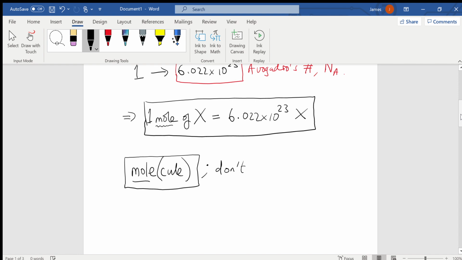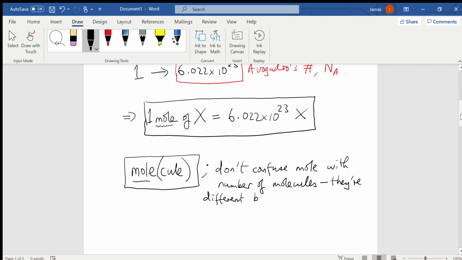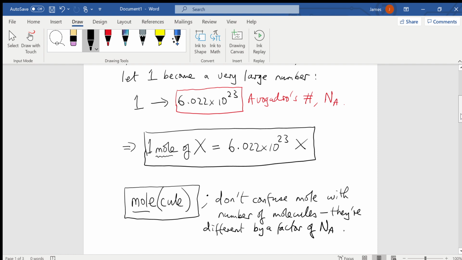Don't confuse moles with number of molecules. They're different by a factor of Avogadro's number, as we said initially, because they differ by a huge amount, which is Avogadro's number. But that's where mole is coming from. It's coming from a specific number of molecules.